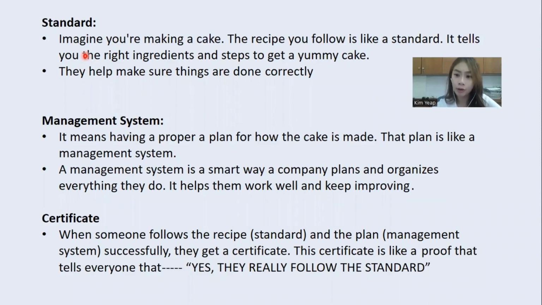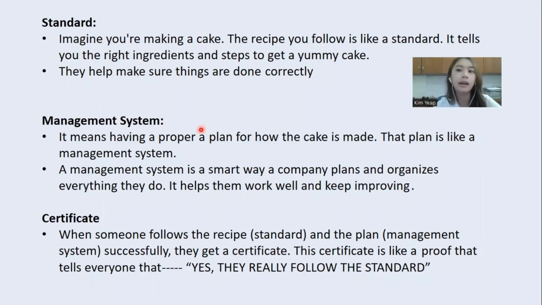You need to know the right ingredients, the right measurements, and the right steps to make a yummy cake. So that is your recipe. A standard actually helps to make sure that things are done correctly. If you think you need a little time to digest, please pause this video and read this statement again.